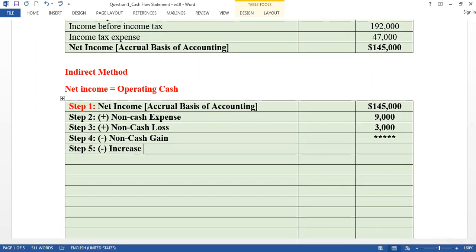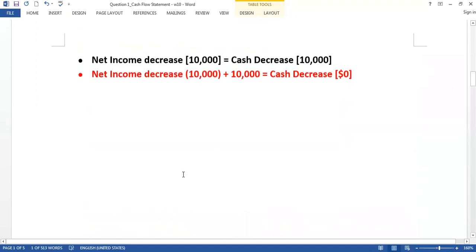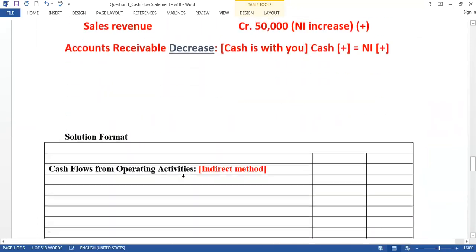Increase current asset. Current asset increase means cash is not with me, right? Cash is not with me, so minus. So look at the opposite example.